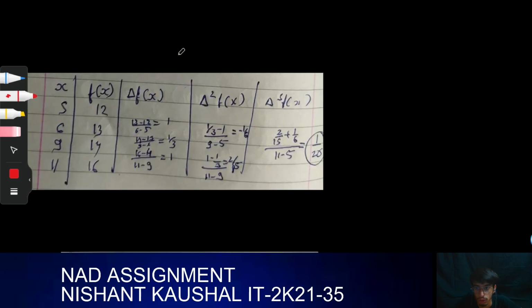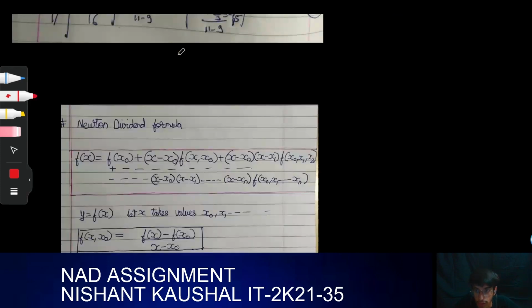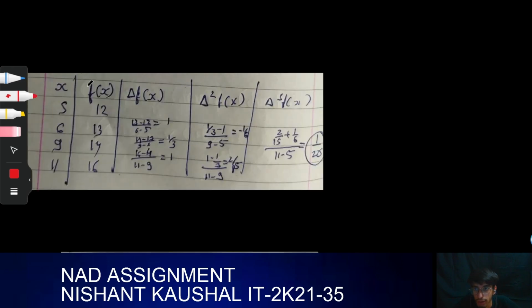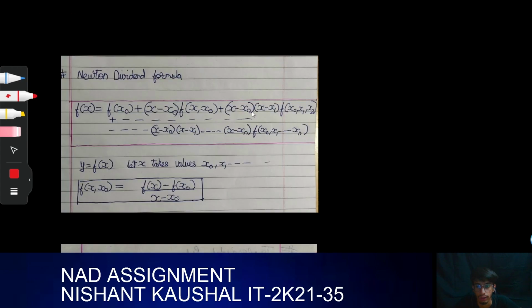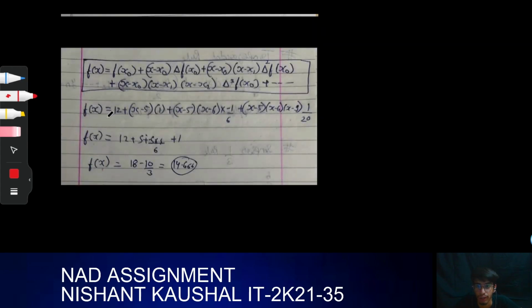Let us see through a question. We have given x values 5, 6, 9, 11, and f(x) values 12, 13, 14, 16. We have found the divided differences using the forward difference operator, that is 1, 1 by 3, 1, and we have applied this formula in this question and found the values.